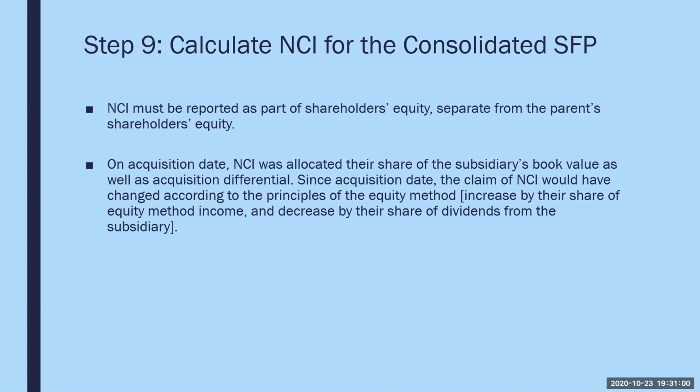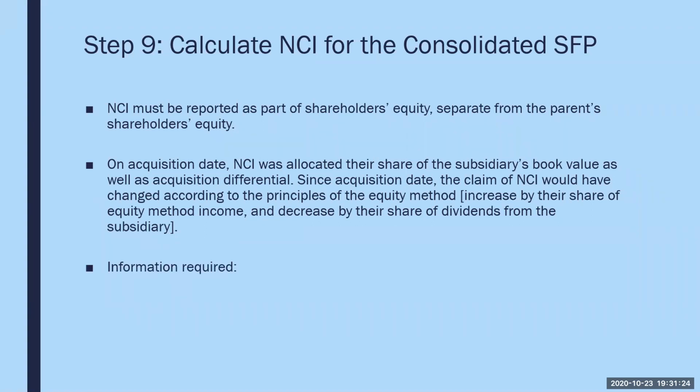From that time, the non-controlling interest share claim will have changed according to the principles of the equity method, i.e., it would have gone up by their share of the equity method income, and decreased by their share of the dividends from the subsidiary. So the calculation for NCI needs to incorporate those elements.